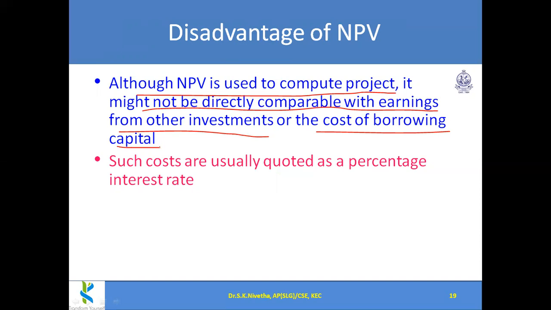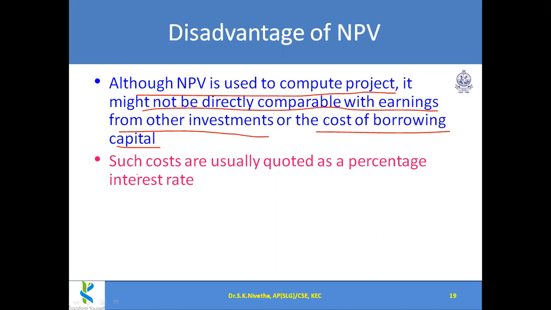Okay, so this is mainly like I am having the money and I am investing. In that perspective, this NPV is designed. Borrowing cost means we have to pay the interest to the person from where we are borrowing. So in that perspective, NPV may not give a proper justification.